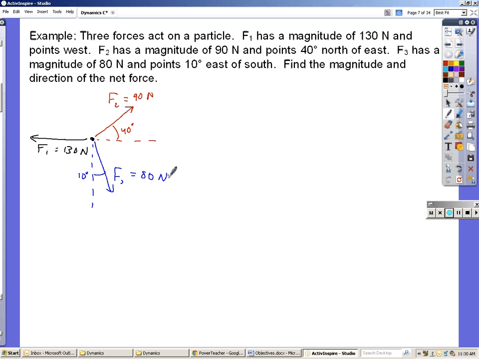Now what we'll do is we'll find the components of F1, F2, and F3. F1 has an x component of negative 130 newtons. We'll pick our x and y axes normally, and its y component is 0.